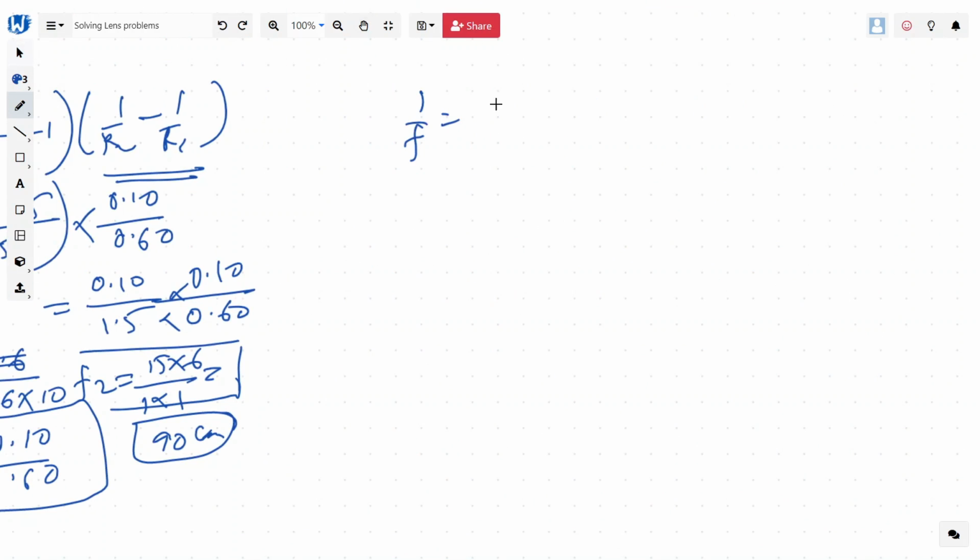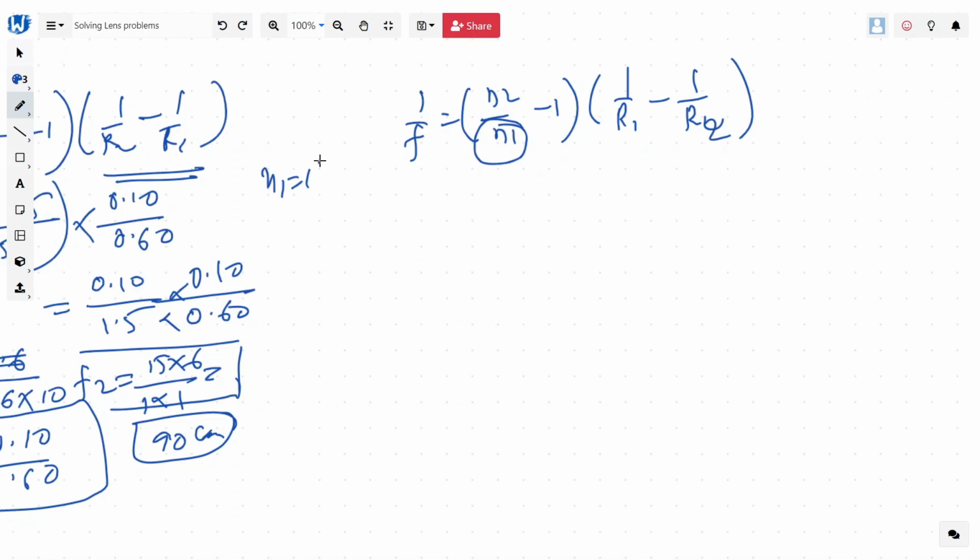So 1 by f is equal to n2 by n1 minus 1, 1 by r1 minus 1 by r2, right? So when we sort of immerse a lens into a medium n1, right? Generally it is air, right? N1 is equal to air.